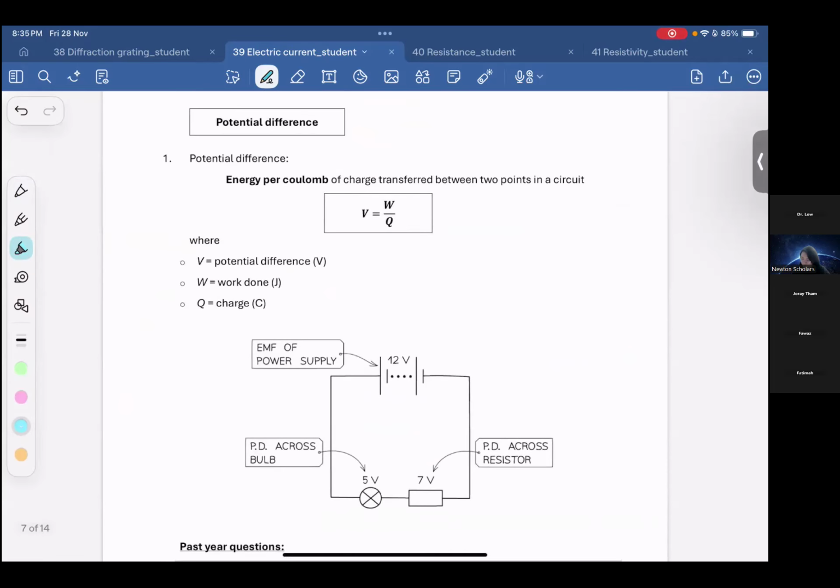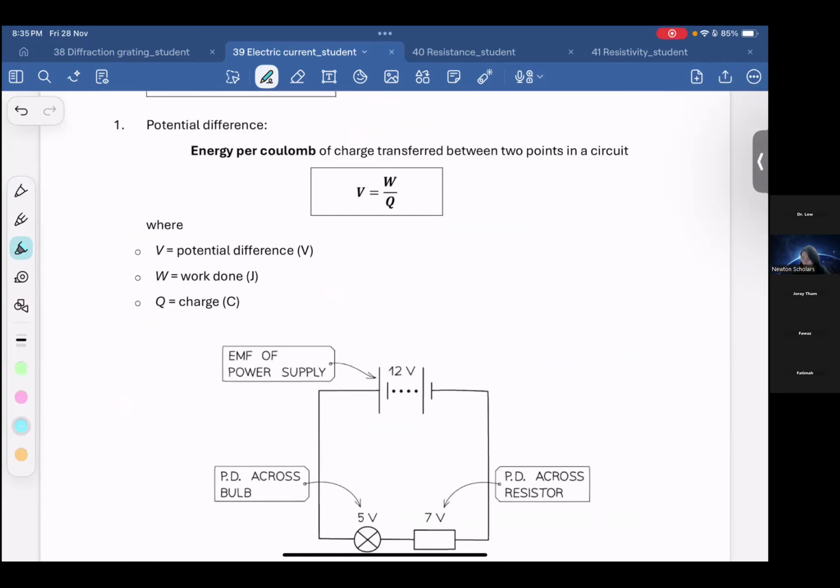Okay, here is potential difference. This is just a recall of your knowledge. Potential difference is the work done in driving one coulomb of charge across the component, or we say from one point to another point. Work done, or we say energy transfer, in driving one coulomb of charge.